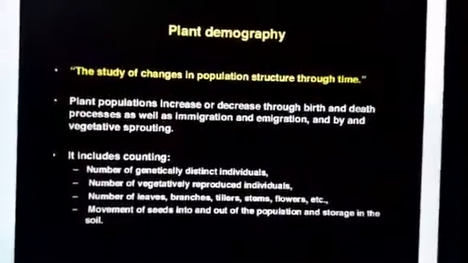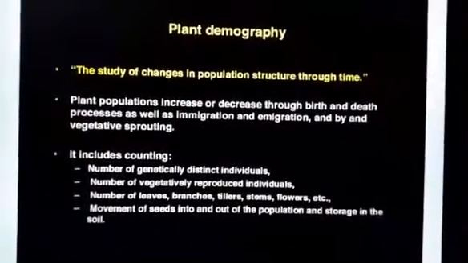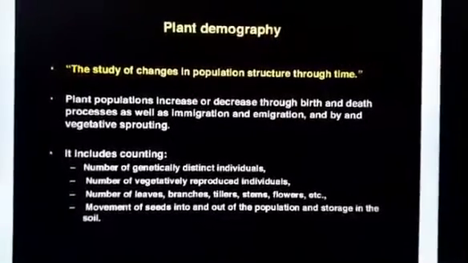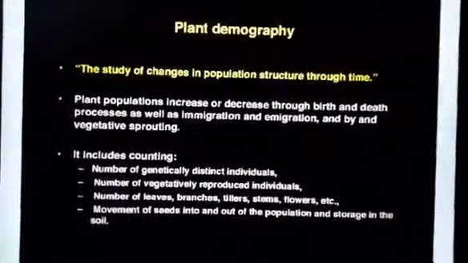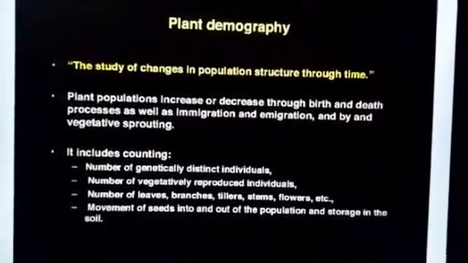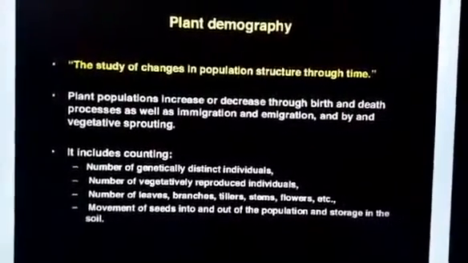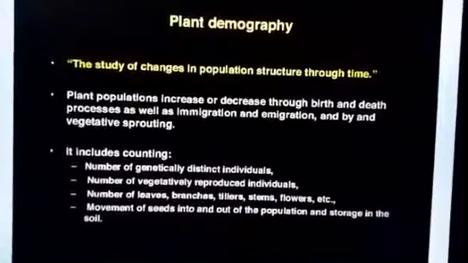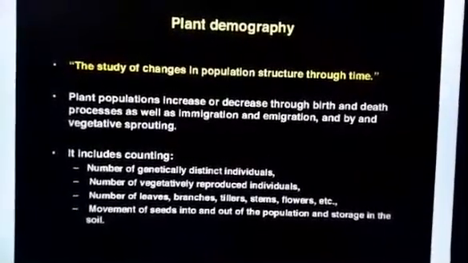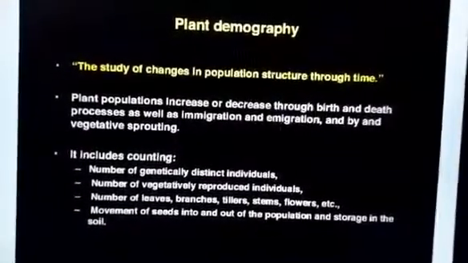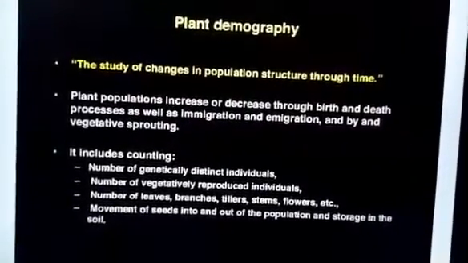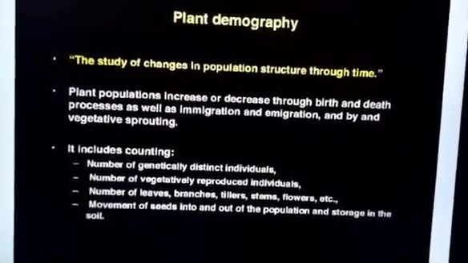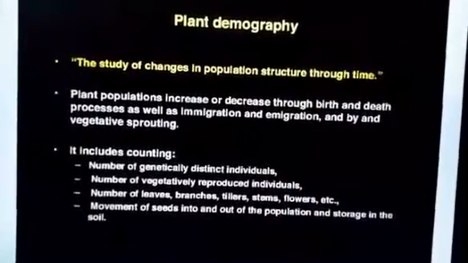Then we come to plant demography, which is just the study of populations, the change in population structure through time. Plant populations increase or decrease through birth and death processes, as well as immigration and emigration, and by vegetative sprouting.